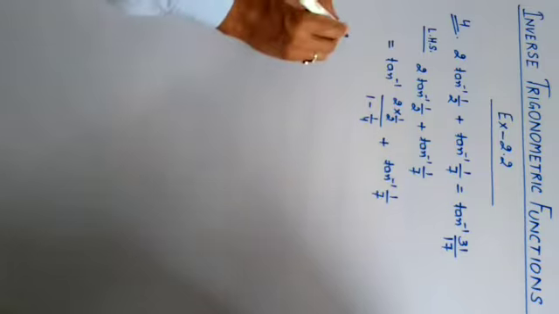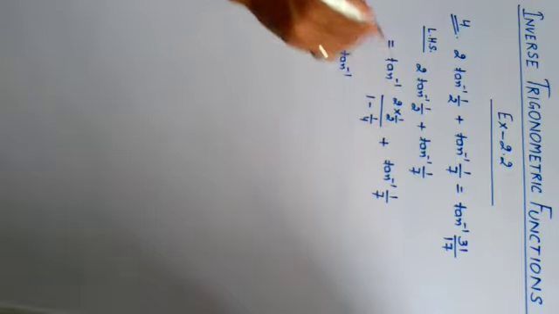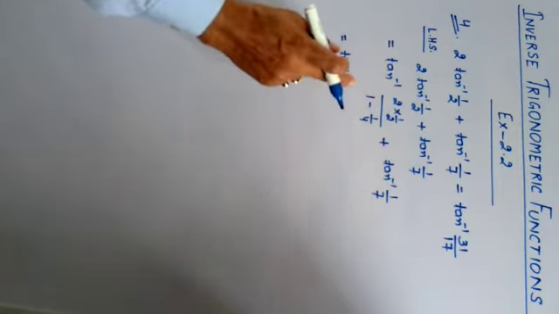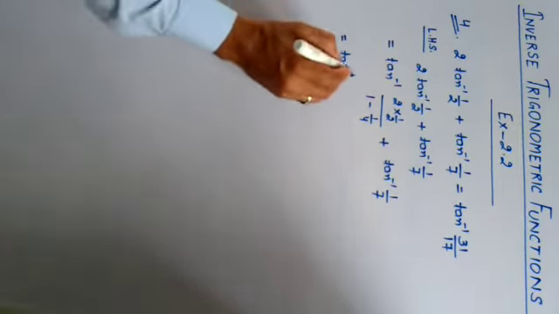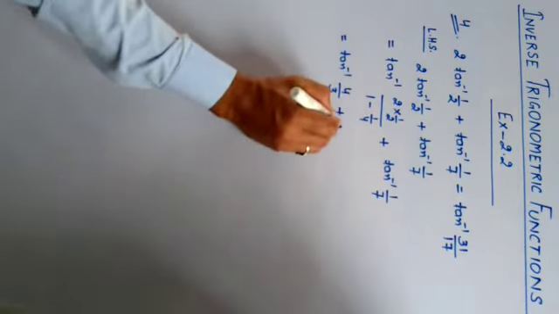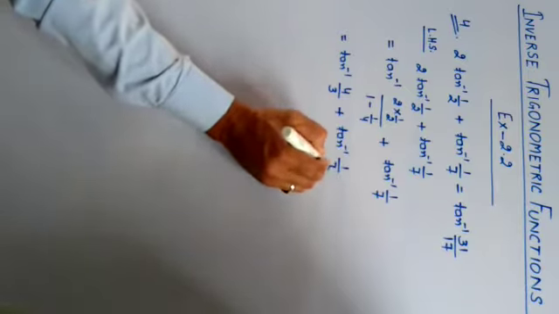So after simplifying this, we will get tan inverse of 1 upon 3 upon 4, which equals tan inverse 4 by 3 plus tan inverse 1 upon 7.